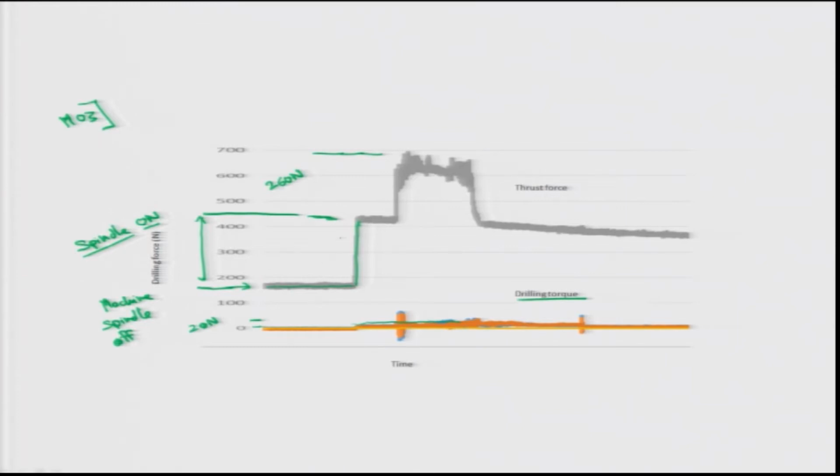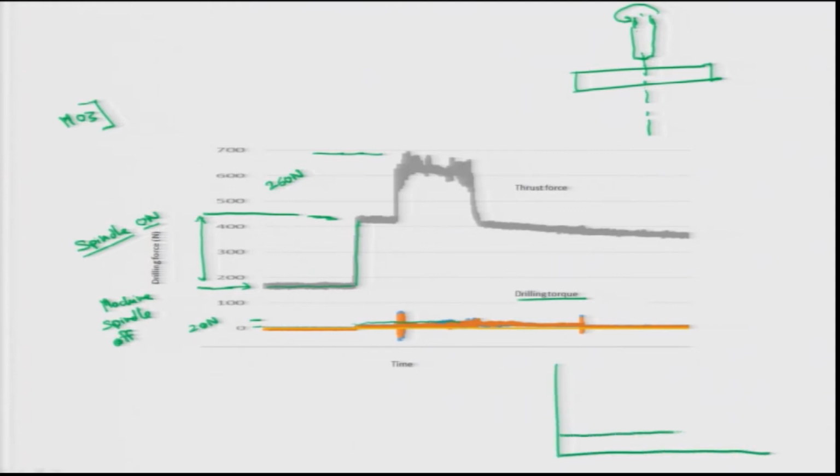At this state, if this is my workpiece and I need to make a hole along this axis, and this is my drill, the drill has still not even touched my workpiece, but just for the rotation of the drill with the spindle on, this much energy is there. So this is actually a kind of fixed energy. By force I mean energy here.